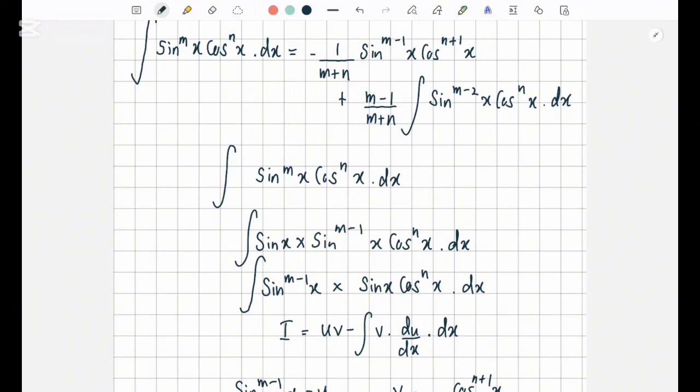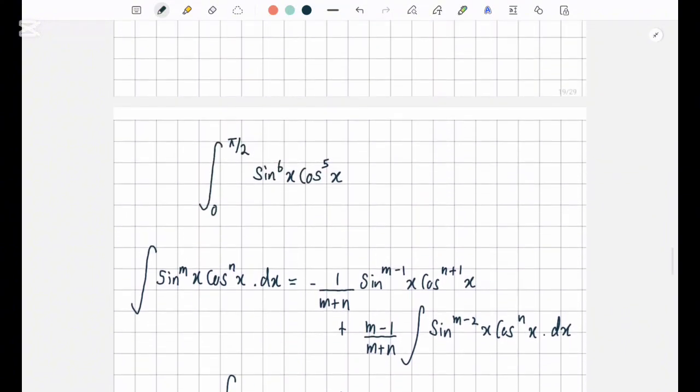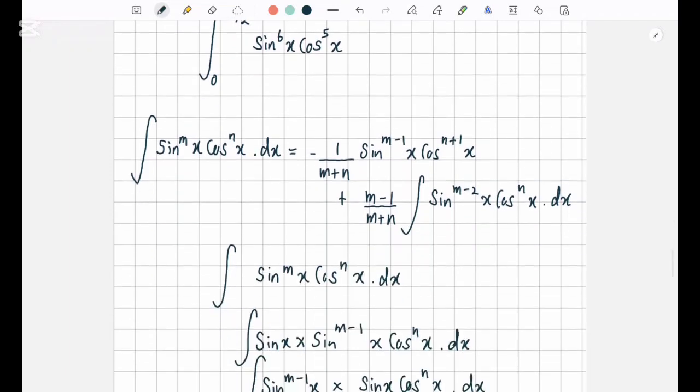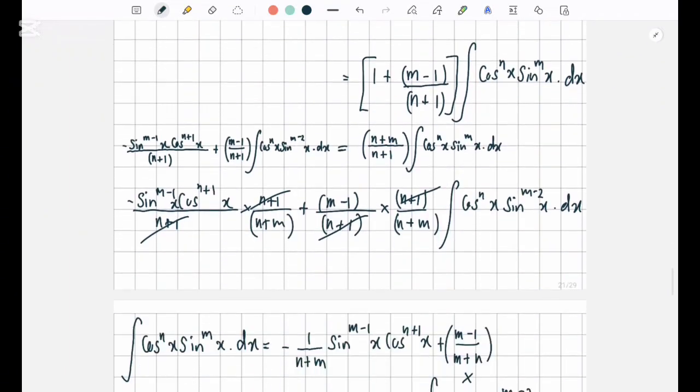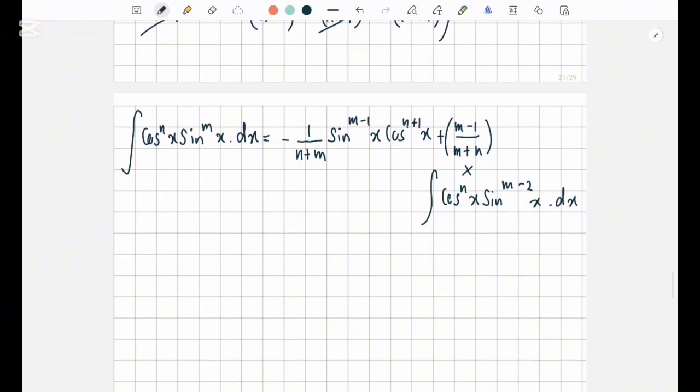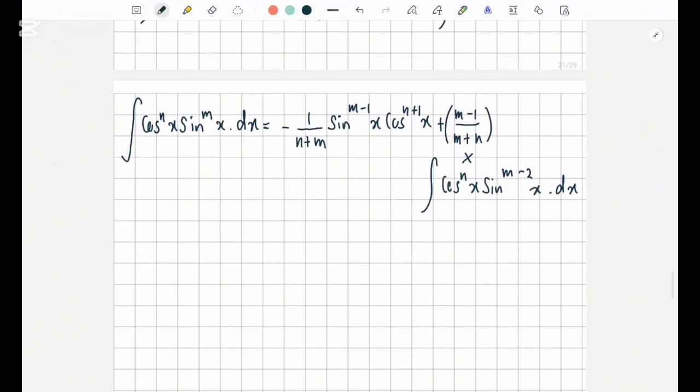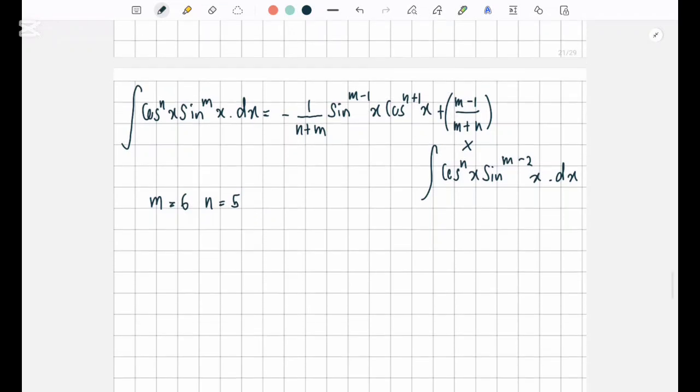Now let's solve the question. So it's sine x to the power 6 and cos x to the power 5. Okay, meaning m equals 6 and n equals 5. So let's put in the values.